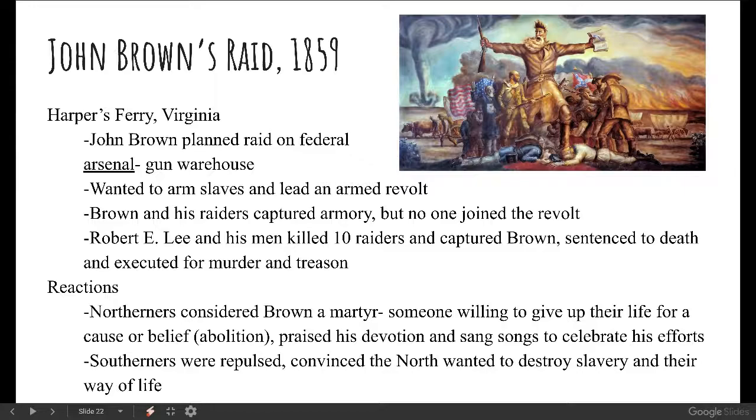They're supporting this guy who was really violent, and they're afraid that the North wants to destroy not just slavery, but their way of life in the South. And so John Brown's raid really solidifies that notion in the South. So this just further deepens the division between Northerners and Southerners, and is going to contribute again to the outbreak of the Civil War.